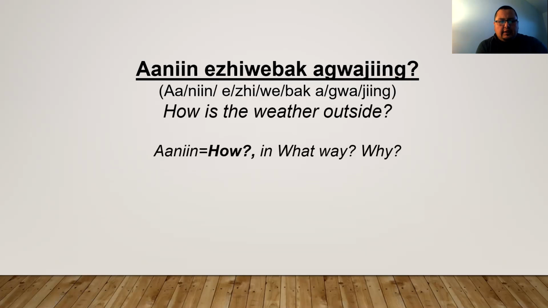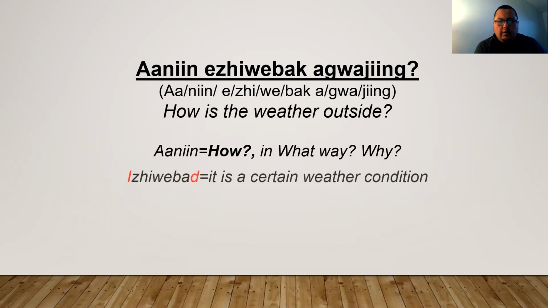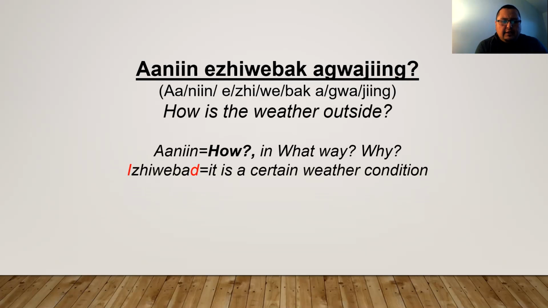Okay, Aaniin, meaning how, in what way, or why. So in this case, we have how or what. Ezhiwebak comes from the word ezhiwebud, which means it is a certain weather condition.